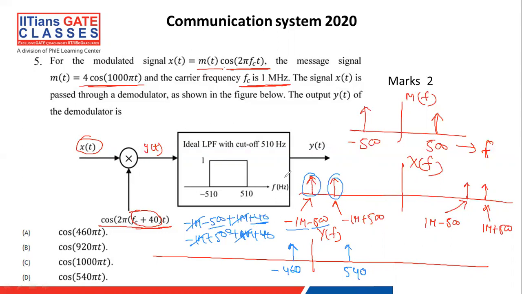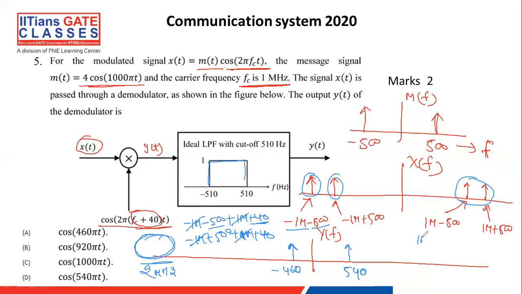Now you can do this for the left side, but we will not go for it because the low pass filter is going to reject it, because that will be at a very high frequency, around 2 megahertz, and that will clearly be rejected by this low pass filter. Now again, let's take the right-sided dual impulse. When we shift it right, that will get rejected by the low pass filter, so let's not calculate it, just calculate which is shifting left. So in this case we are shifting it left by 1 megahertz plus 40.